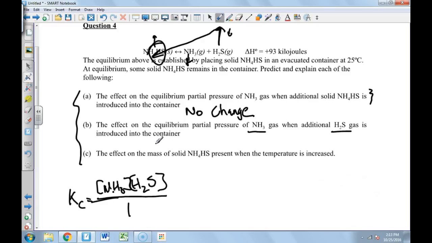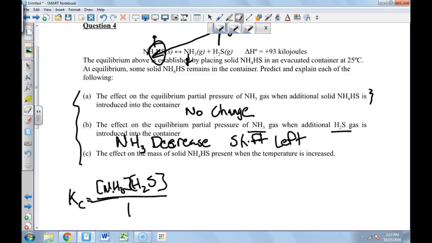So the concentration or partial pressure of NH3 is going to decrease, because the reaction shifts left.